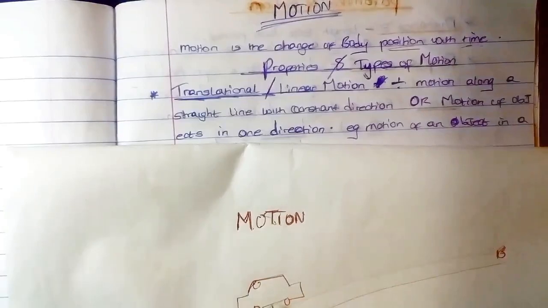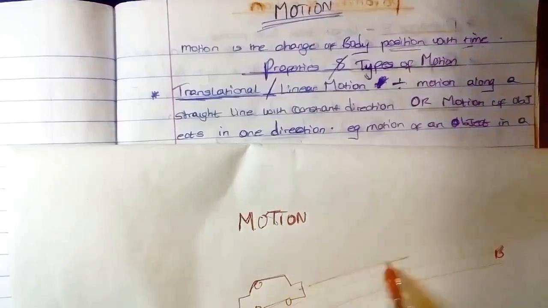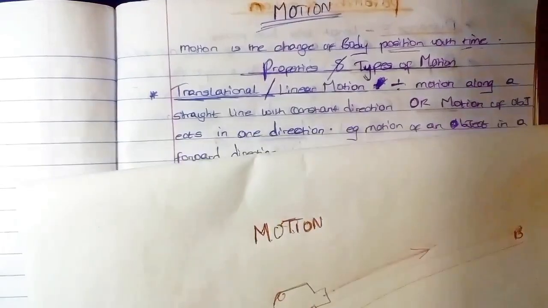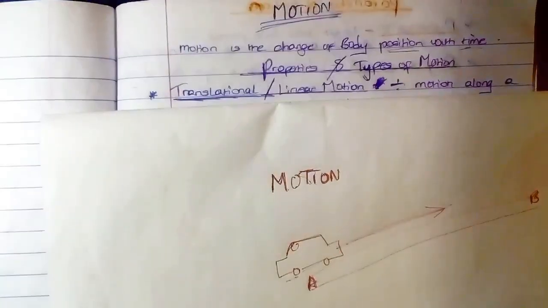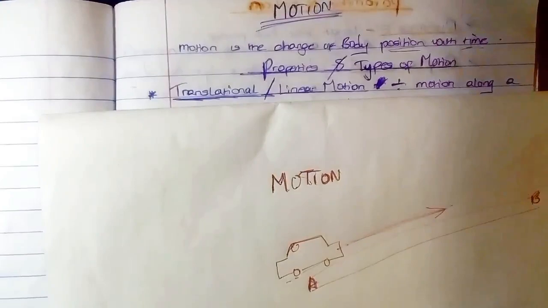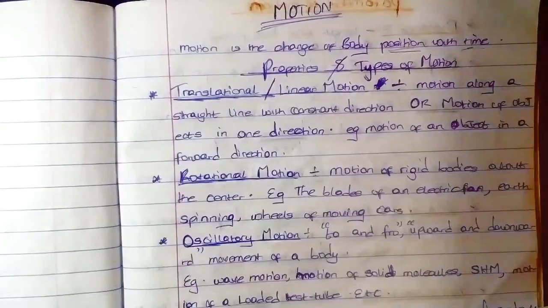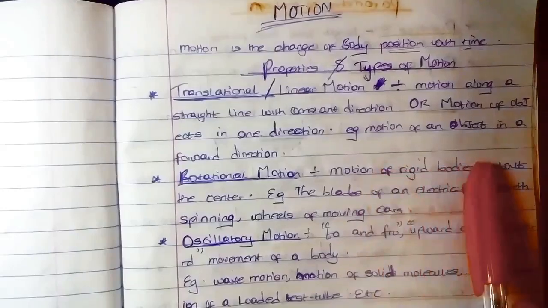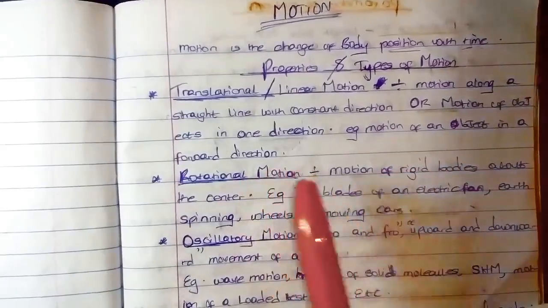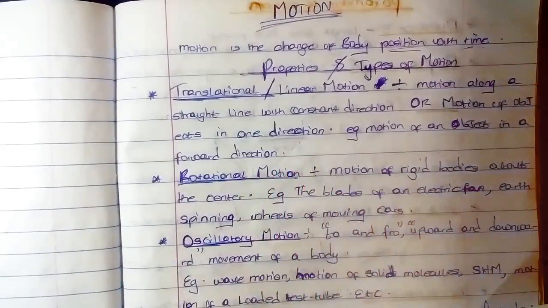When you move from this position to the next in this linear direction, this is known as translational motion. It means the motion of a body in a straight line, or in one direction. An example is the motion of an object in a forward direction.